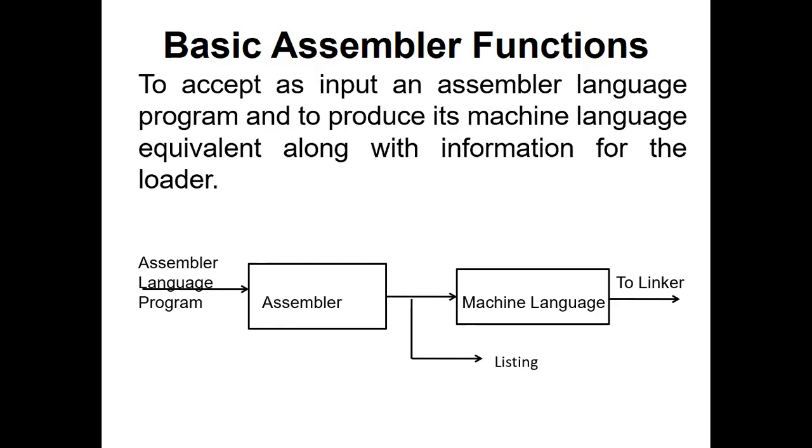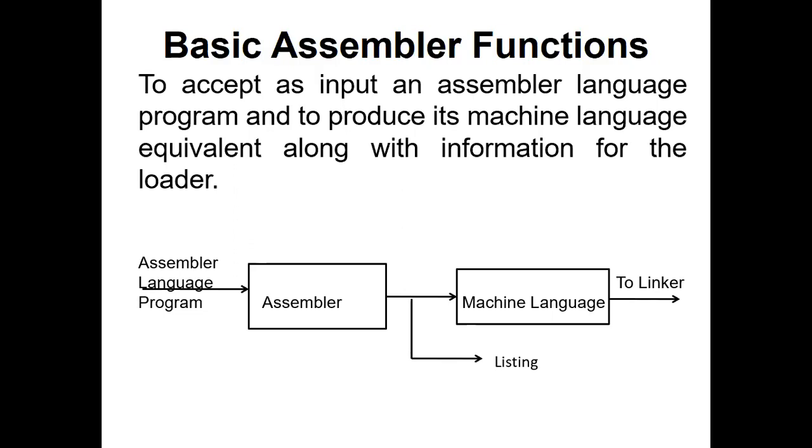If you have an assembler language program, you pass it through an assembler, and then you will get machine language. And also you get what we call a listing. A listing contains the instructions which are needed by the loader.